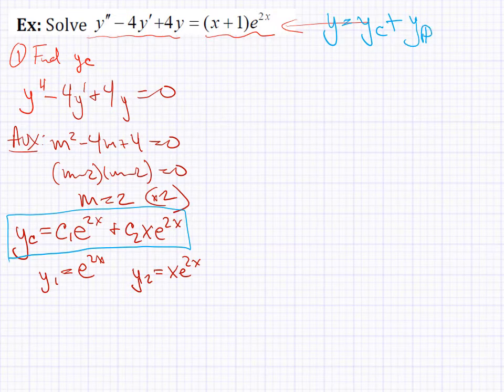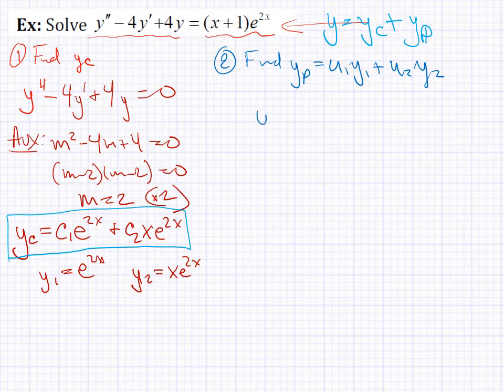All right, so now that we have that, what are we going to need? We're going to need to do the second step, which is find y sub p. The way we're going to find y sub p is we're going to say y sub p should be able to form u1 y1 plus u2 y2.